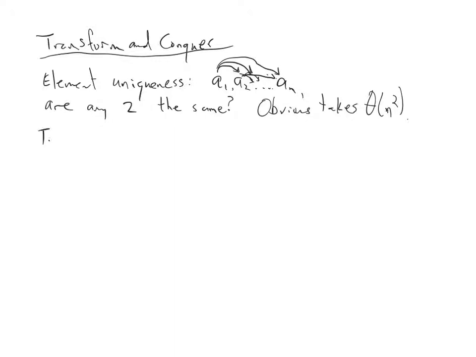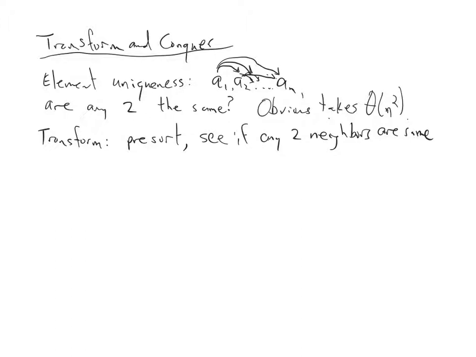But transform it first. When you have any collection of numbers, it's probably always a good idea to think about pre-sorting them. After we pre-sort them, they're in a completely different order, so that's transforming the list. Then you see if any two neighbors are the same, and that takes theta of n.